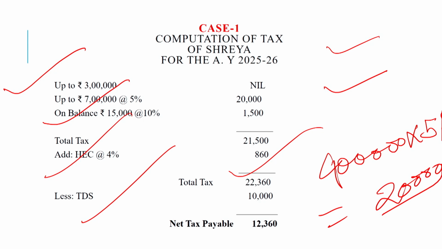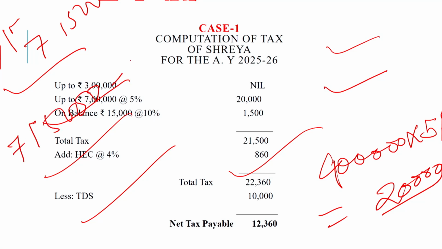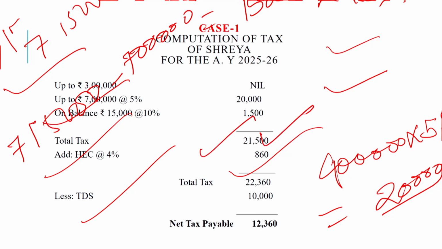So the balance amount is 15,000, because the total income is 7 lakh 15,000. 7 lakh 15,000 minus 7 lakh is equal to 15,000. 10% of 15,000 is 1,500. Adding 20,000 and 1,500 gives 21,500, and 4% HEC is calculated on 21,500, which is 860.